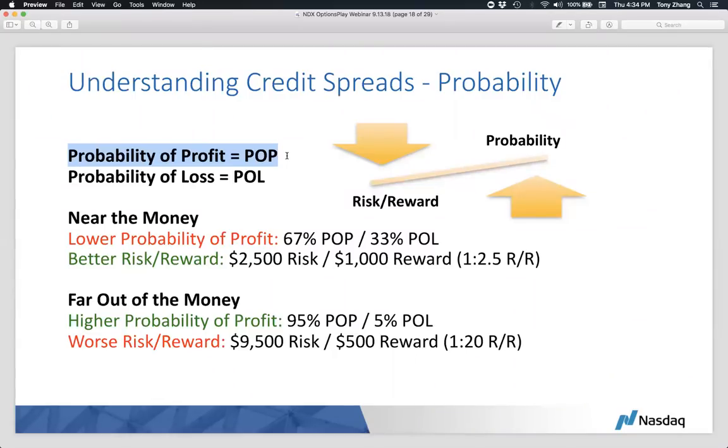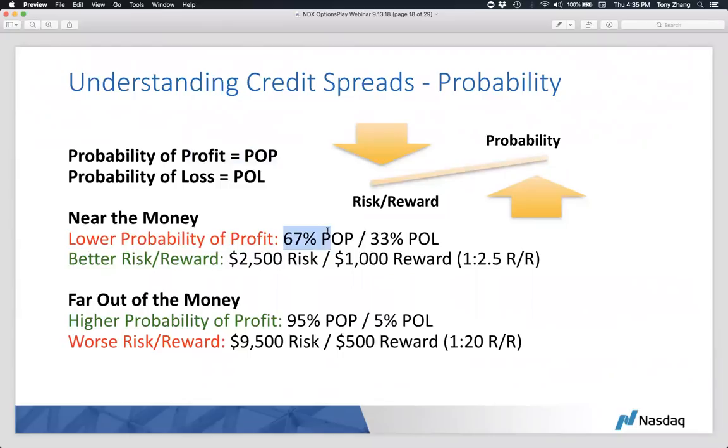So what I have here is two examples. When you're selling credit spreads, you can sell credit spreads where the strike prices are near the current price, or you can sell credit spreads where the strikes are really far away from the current price. When you're selling a credit spread that's very close to the current price, what you're generally going to find is much lower probabilities of profit.